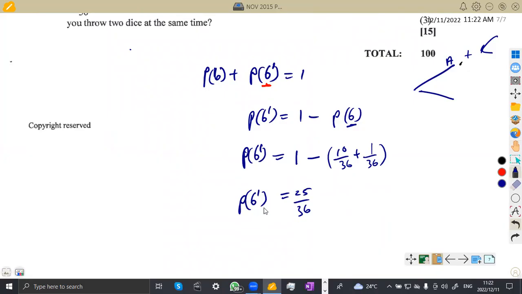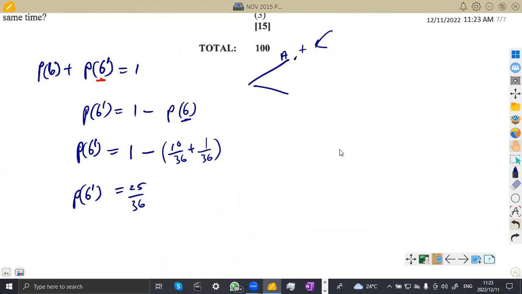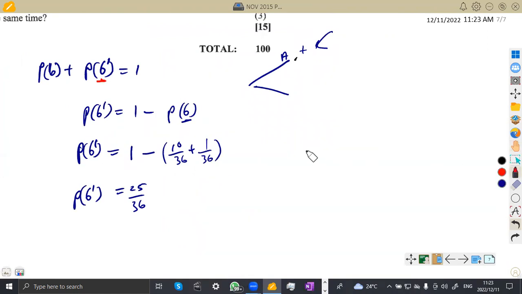All right, let me try and explain in another way. So it's like this, guys. We have got the probability of obtaining a 6, not obtaining a 6, the first one. The second one of not obtaining a 6, not obtaining and obtaining a 6.